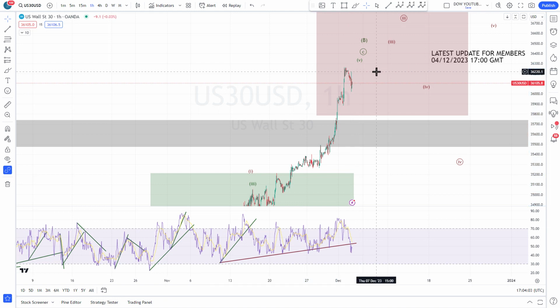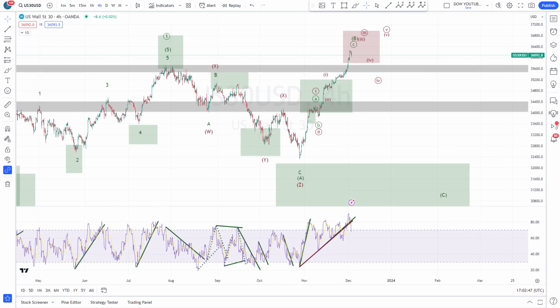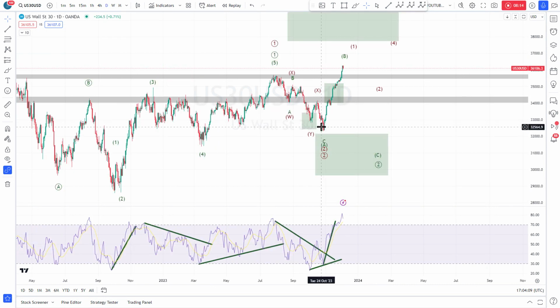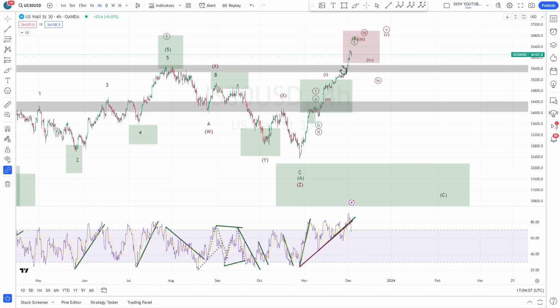That would not violate what I just said in the 4 hour and in the daily, the three waves structure: one, two, three. If we would have a clear pullback, breaking this trend line as we are doing now, a nice pullback, and making then a new high, then it's a different story. Then it is definitely five waves.